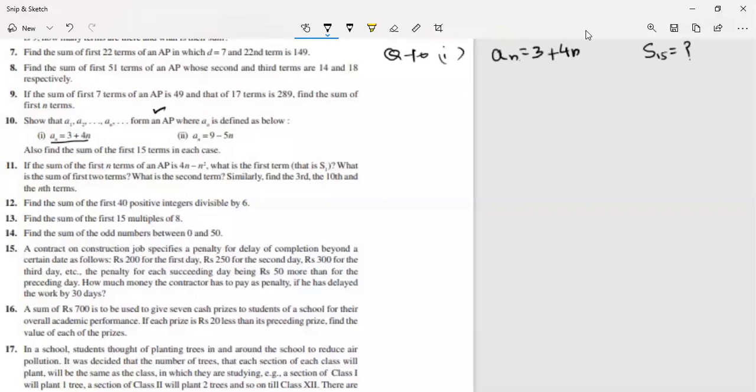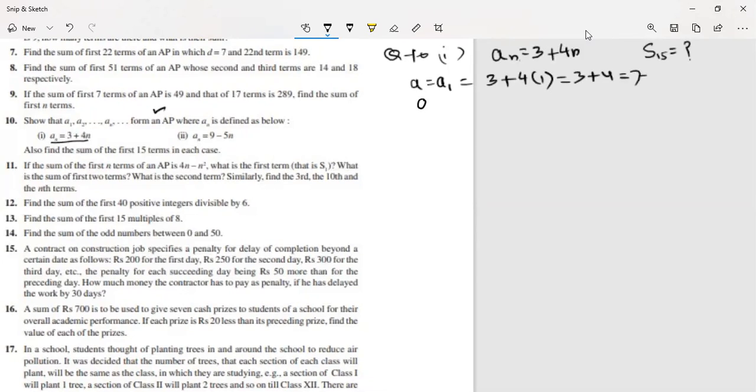So we will put n is equal to 1. So we get the first term, that is a1, or we can say a, the first term. Just put n is equal to 1. So 3 plus 4 into 1 is equal to 3 plus 4, that is equal to 7.